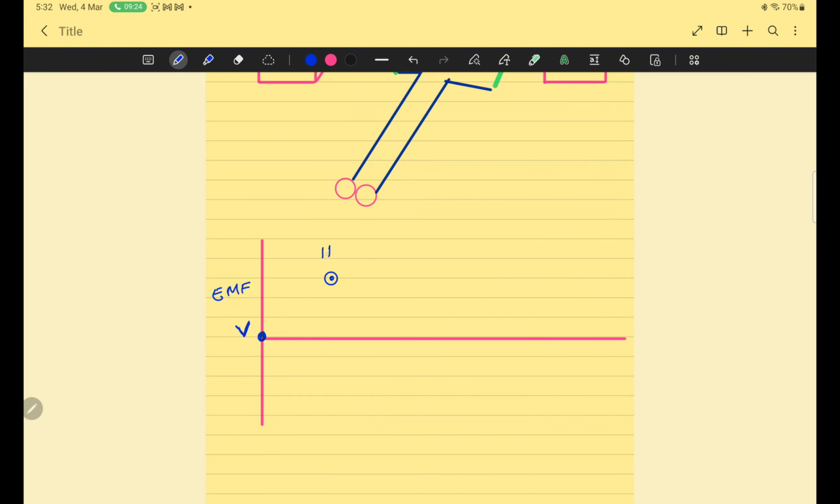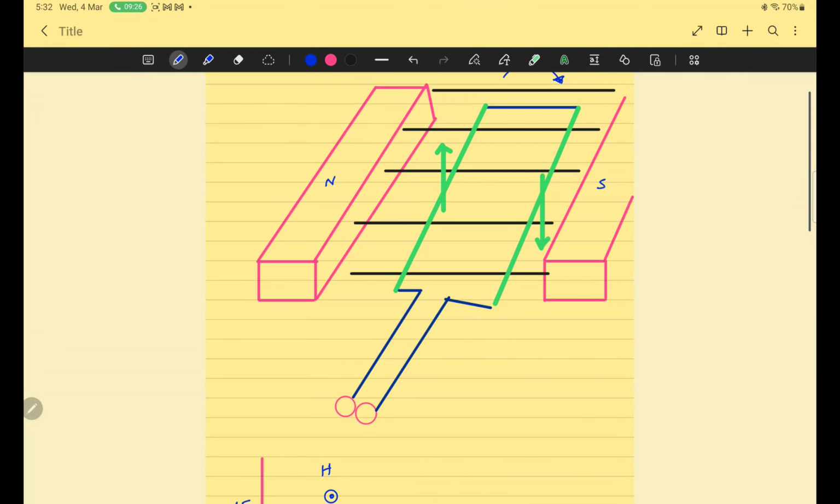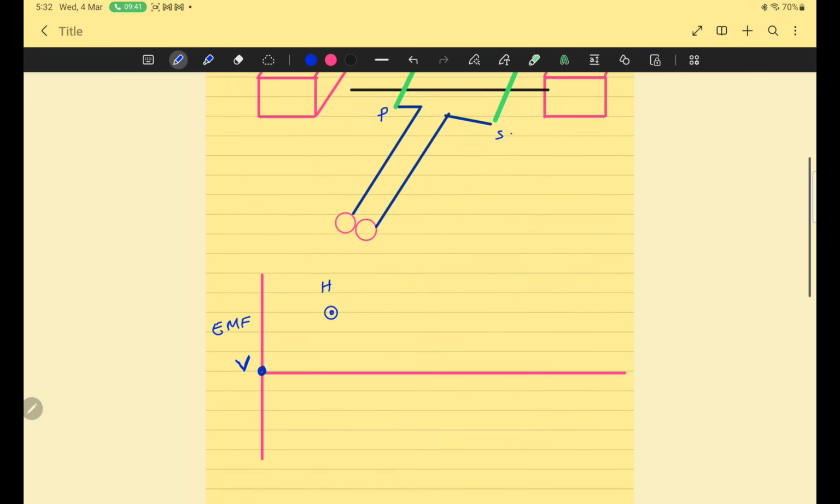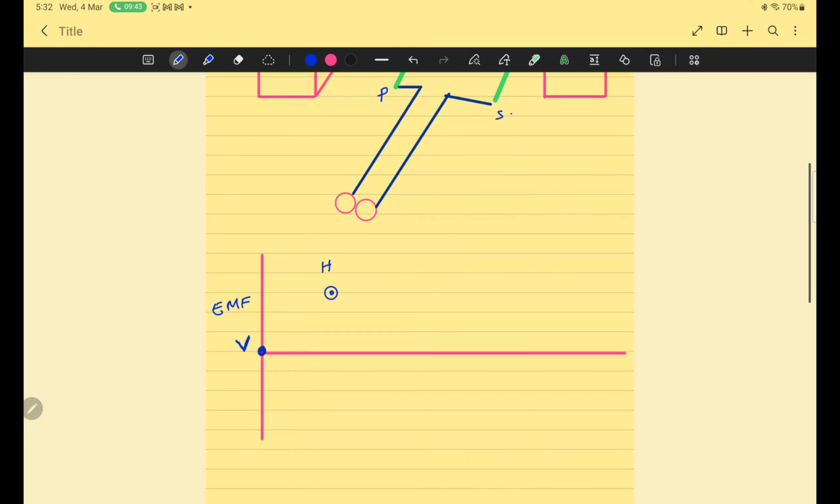So when the coil is horizontal, these two sides, side PQ and side RS, are moving. One of them is moving downward, the other one is moving upward. And when the two sides are moving perpendicular to the field, then EMF is maximum.